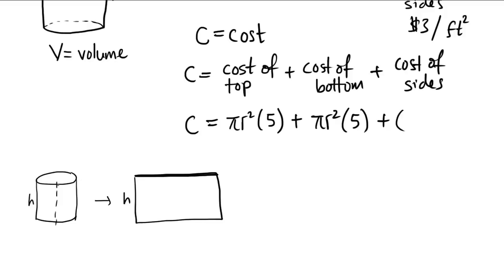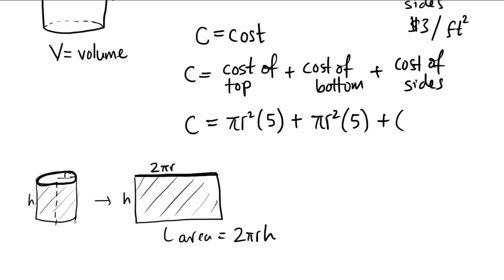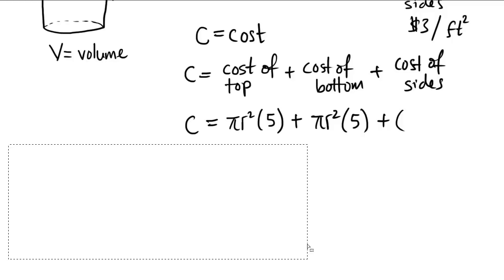It's actually the circumference, isn't it? And the circumference, in terms of r, is 2 pi r. So the area of this rectangle is the product of those two, 2 pi r h. That's what we call the lateral area, or the outside area, of a cylinder. The area of the sides is given by the formula 2 pi r h. That's something you're expected to know, but I just wanted to quickly explain it.